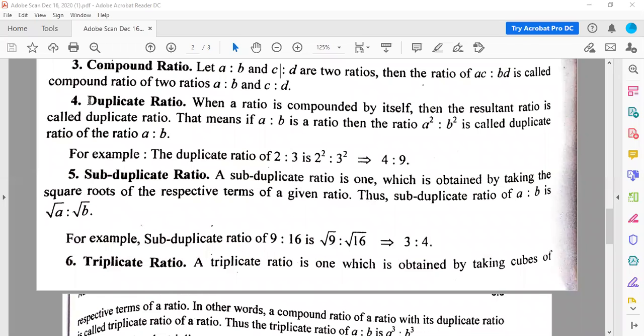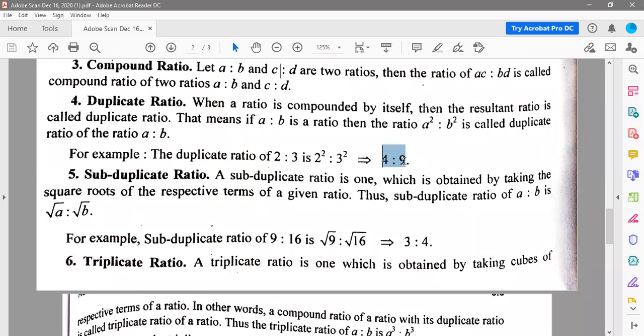So duplicate ratio is when you square the ratios. Subduplicate ratio is when you find the square root of the ratio. If you want to find the subduplicate of this, you just have to find the square root of each term, like square root of A is to square root of B. So square root of 4 is 2, square root of 9 is 3.